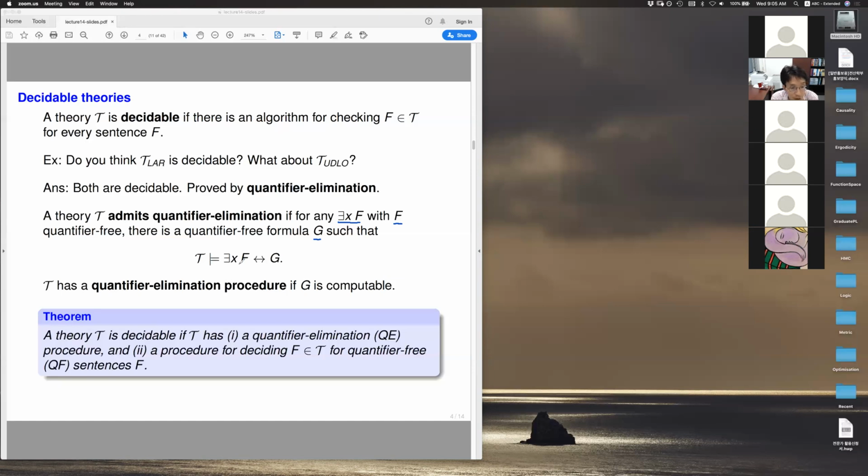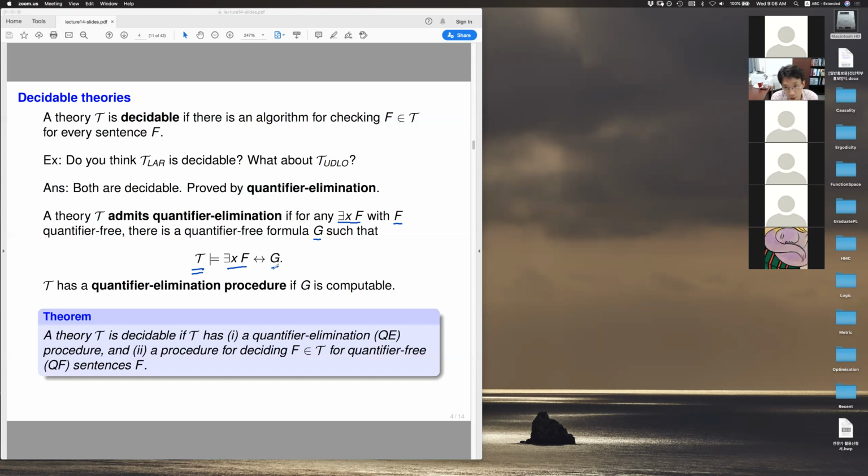So if we can come up with a G that is equivalent to this existentially quantified formula, then we say this theory admits quantifier elimination. Note that this part is really important. We are not talking about quantifier elimination for every structure. We are not looking for this equivalence between exists x.